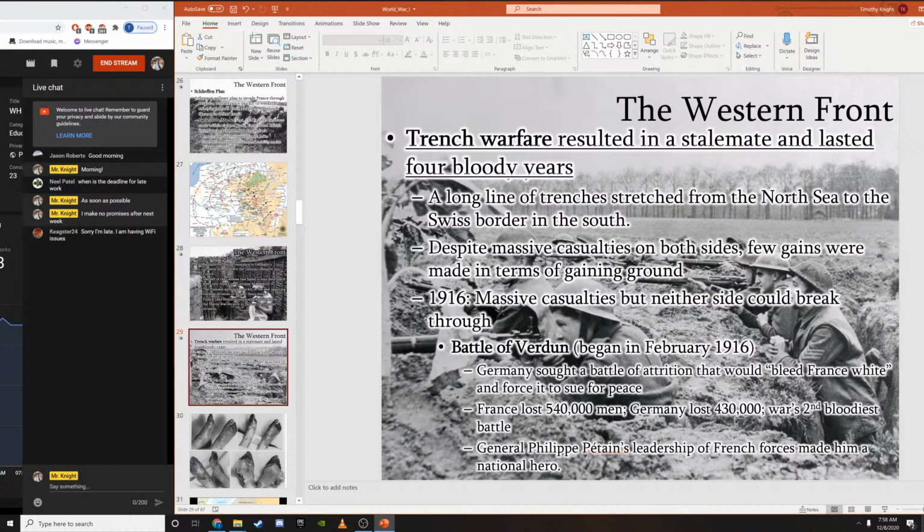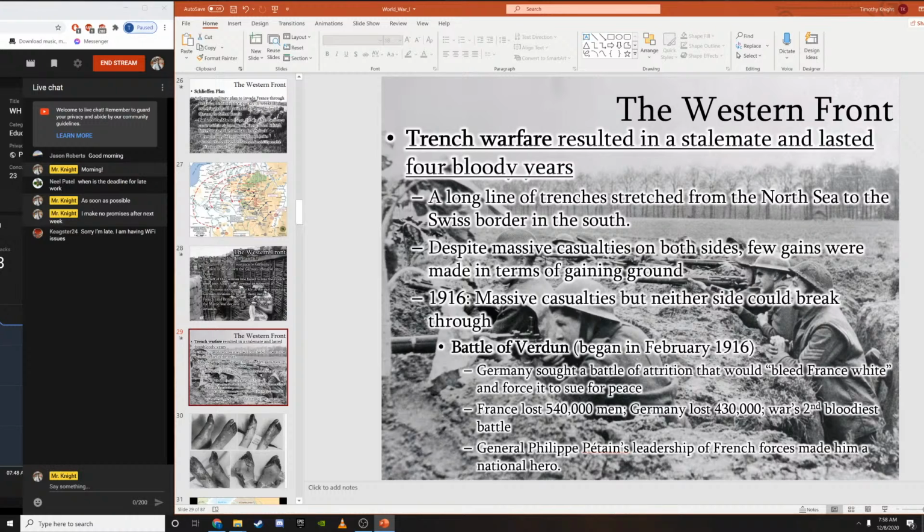By 1916, 2 years into the conflict, there had been massive casualties, but neither side could break through to the other side. And there are a couple of battles that took place in 1916 that had extremely high numbers of deaths. And the first one that we'll talk about is known as the Battle of Verdun, which began in February of 1916.